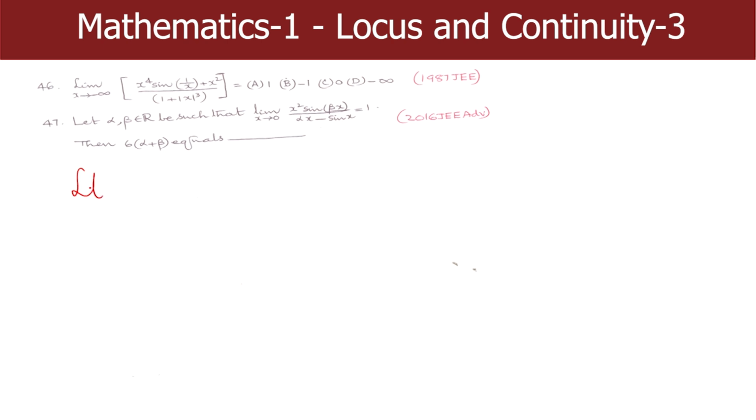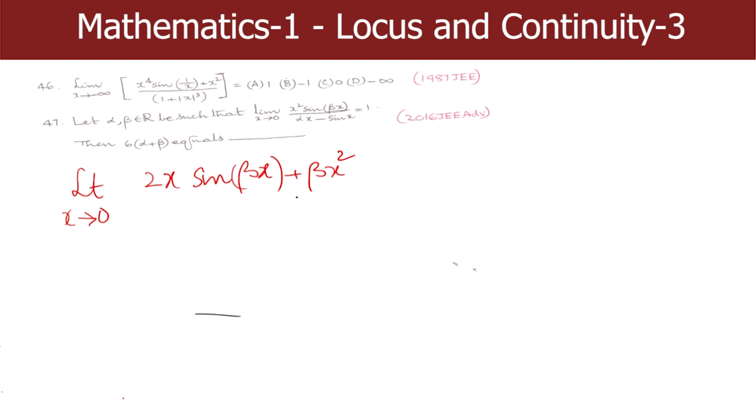The limit as x tends to 0 of 2x sin beta x plus beta x square cos beta x over alpha minus cos x equals 1. I am applying L'Hopital's rule because it is in 0/0 form.